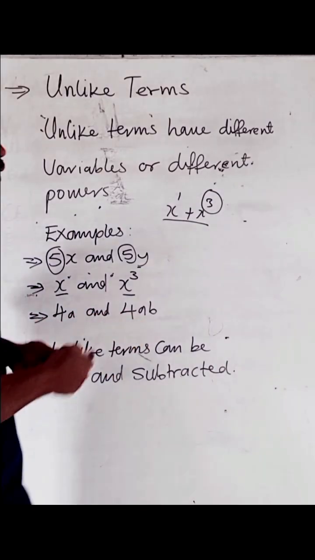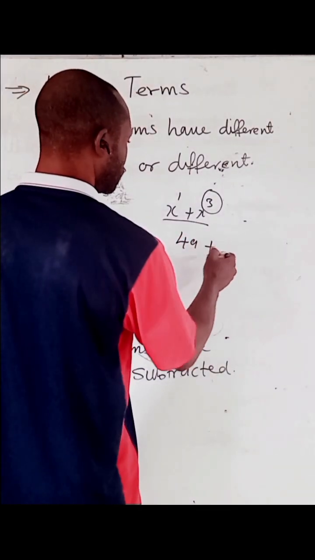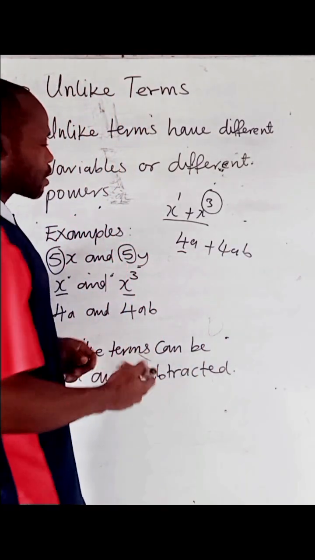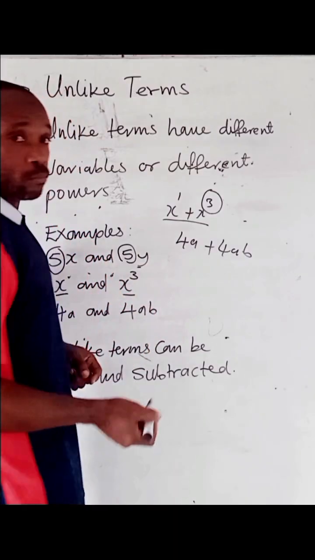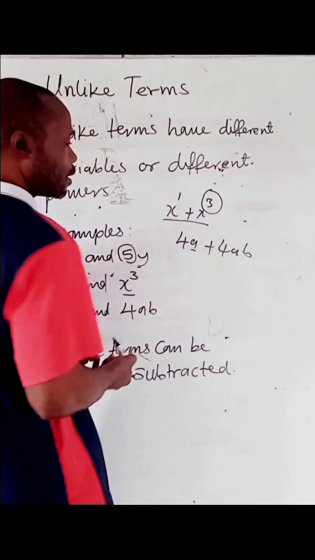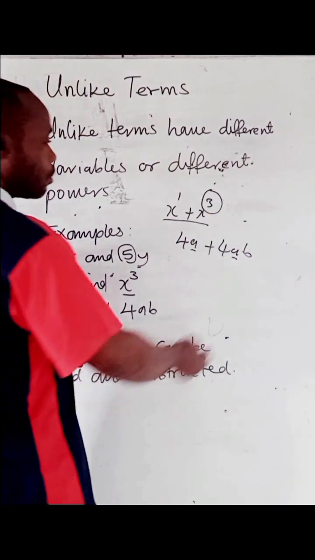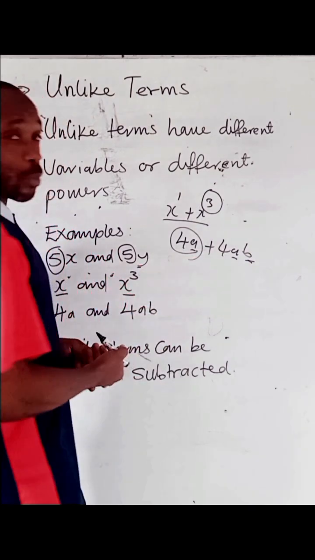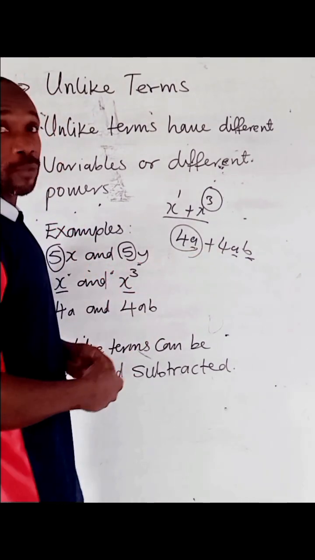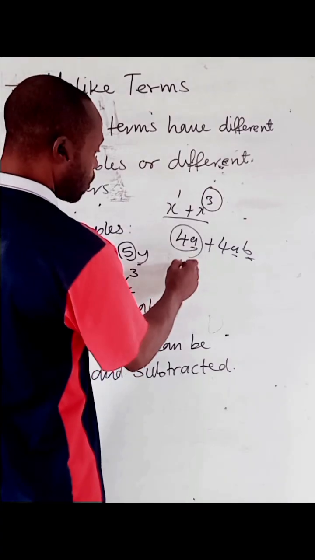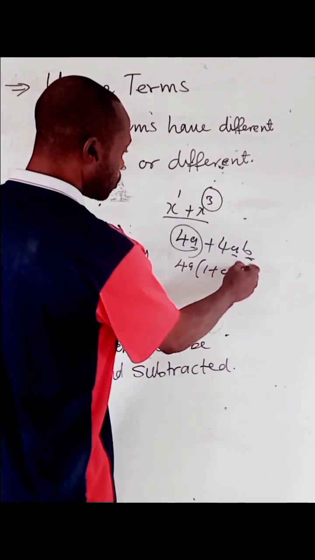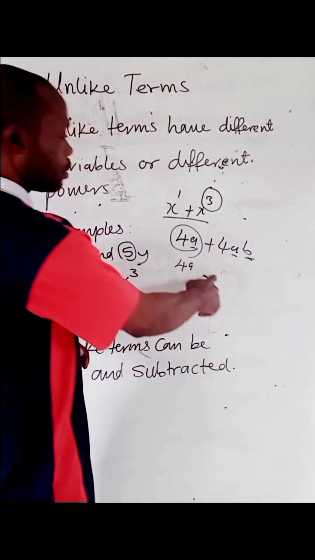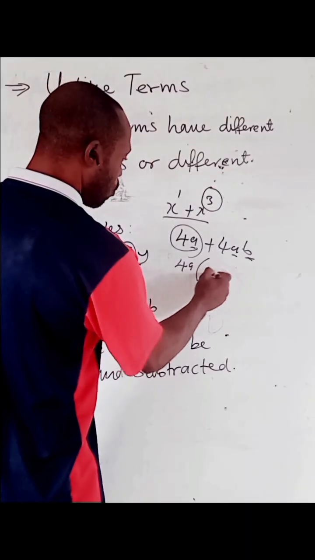4a and 4ab. These terms are also unlike terms. There is a in this expression, there is also a in this expression, but b is not present in the first expression. So we can't add these two expressions. If we're asked to simplify this expression, the result is going to be 4a multiplied by 1 plus b.